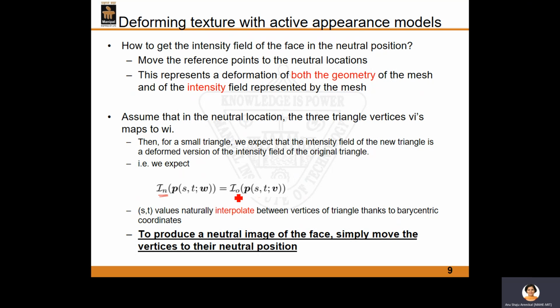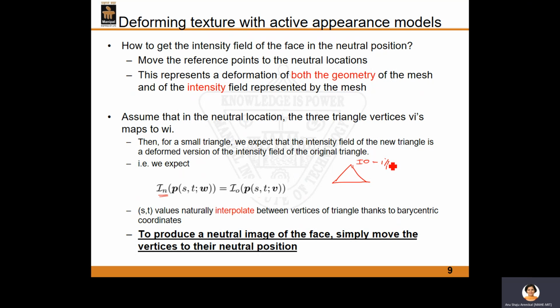We can think of this mapping as though you're trying to deform the original triangle to get a new triangle, or rather, just interpolating. For example, if I have I naught, this is the triangle which corresponds to the input.